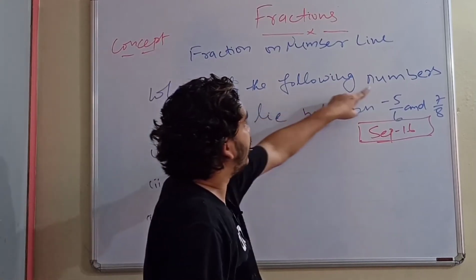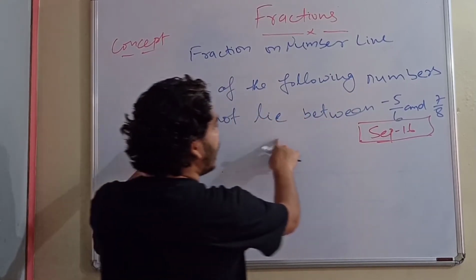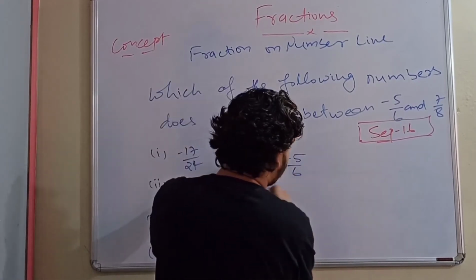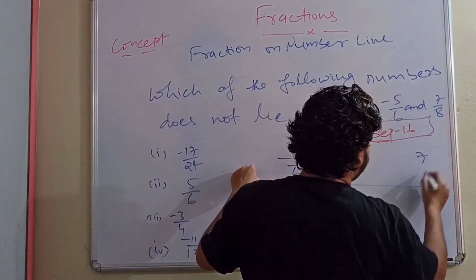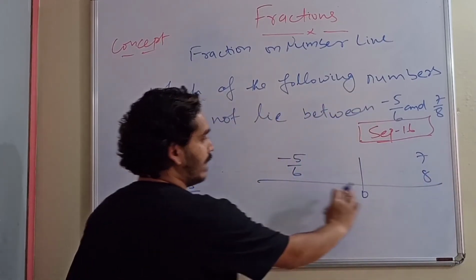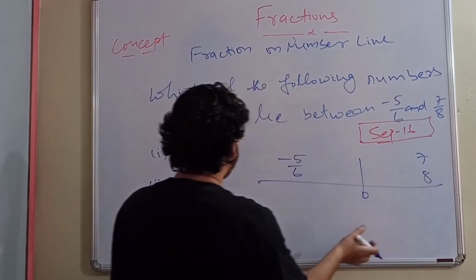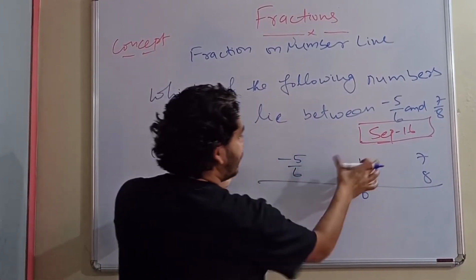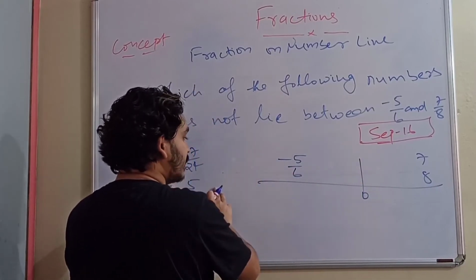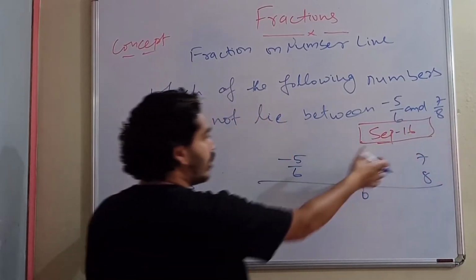Which of the following numbers does not lie between this? So minus 5 by 6 is somewhere on the number line, and 7 by 8 is a positive number. Obviously this is 0, one is behind 0 and one is ahead of 0, and it's saying that which number does not lie between. Any of these options is lying somewhere beyond this or beyond that. So that option we need to find out.